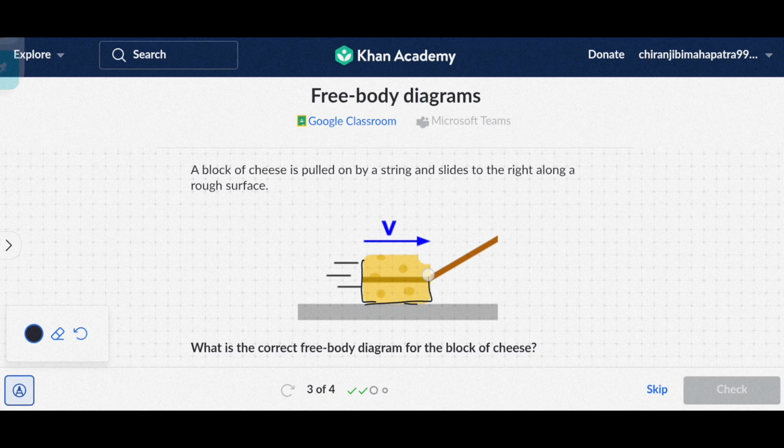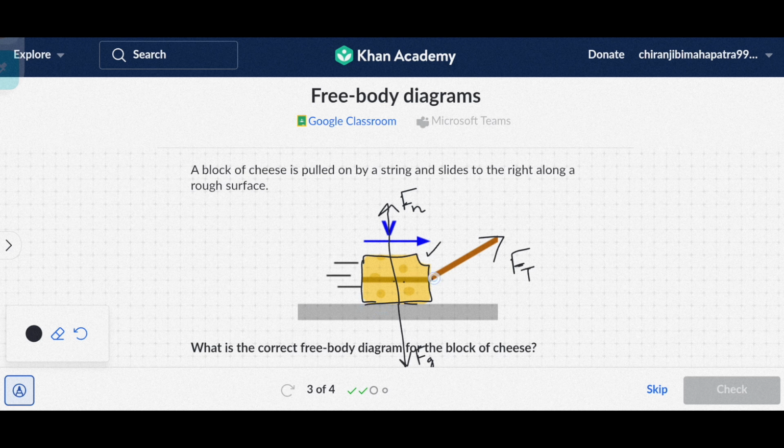I took a bite here. Here is a force by the string, FT, the tension force from here. This is a contact force. Another contact force is normal, FN. Another force, wait, this is not a contact force. The contactless force is only gravity, so FG.